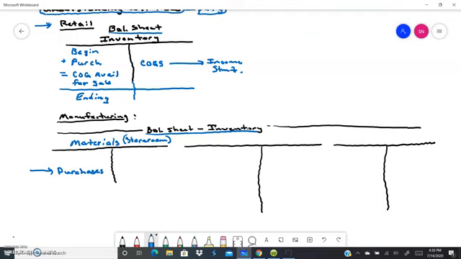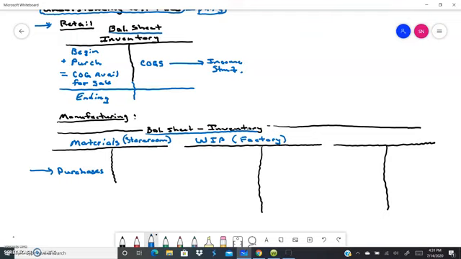Okay, then what happens is we would have another inventory account, and basically this is what we're going to call work in process. Okay, I'm going to abbreviate that, WIP, work in process. And the way to think about this is the factory. This is where the guitars are being manufactured.